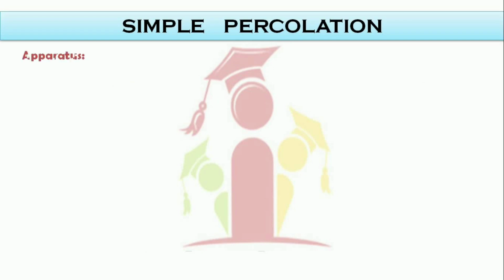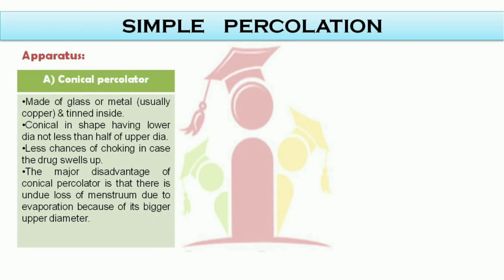Now, in simple percolation, the apparatus is the conical percolator. Now, what is a conical percolator? It is made up of glass or metal, usually copper if metal, and tinned inside. It is conical in shape, having a lower diameter not less than half of the upper diameter.